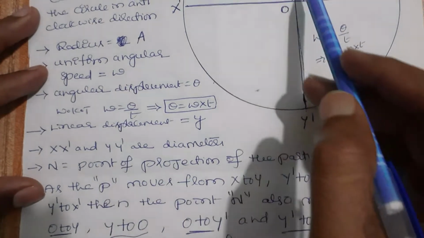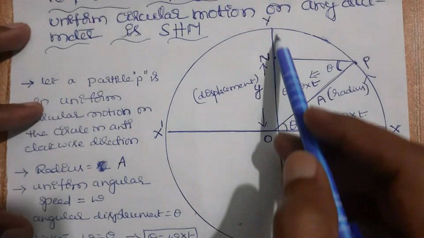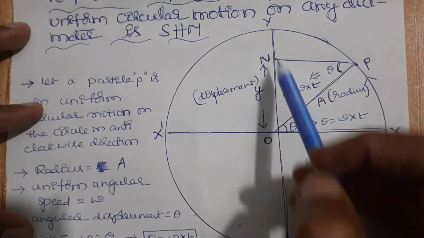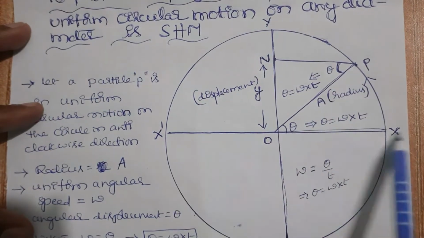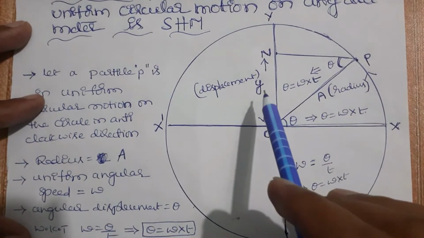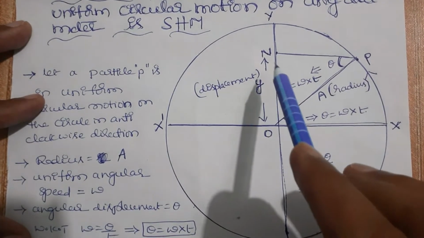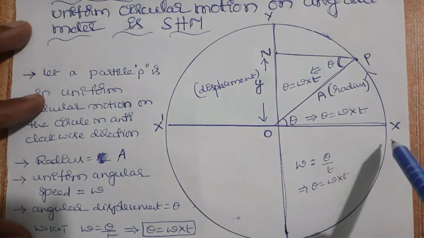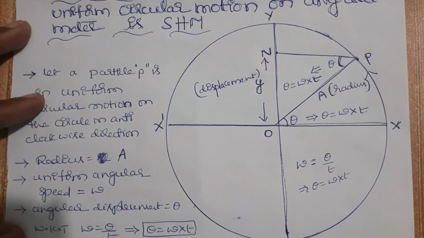And the linear displacement, students, in the figure you can see the linear displacement is y, that may be on a vertical diameter or a horizontal diameter.